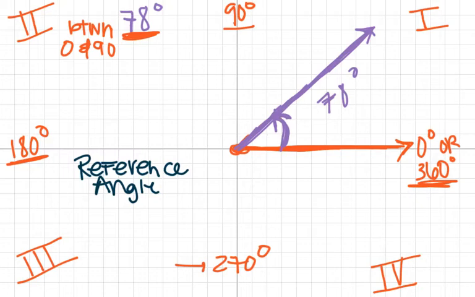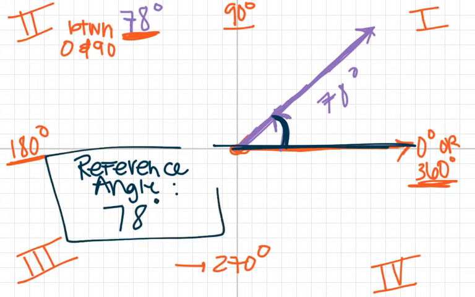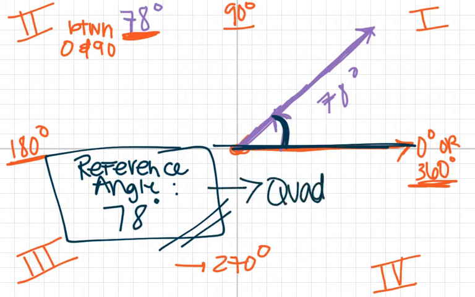Because it's already connected to our x-axis, the reference angle is also going to be the same as 78 degrees. All right. So we want to make sure we know that it's in quadrant 1 as well. So it's in quadrant 1. All right, so let's just be careful. Let's move on to another example.